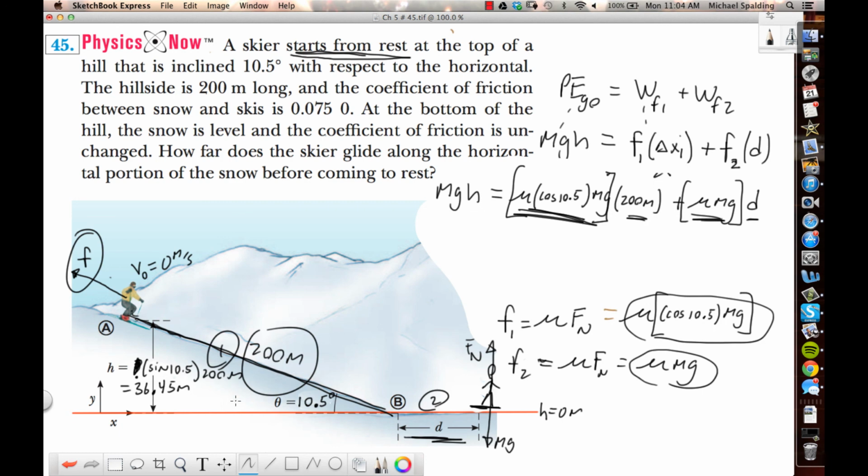What drops out of this? Mass drops out, and gravity drops out. So we can cancel the g's out. So what we're left with is, you can solve for d. So d, which is what we're looking for, is going to be equal to h minus mu cosine 10.5 times 200, divided by mu.